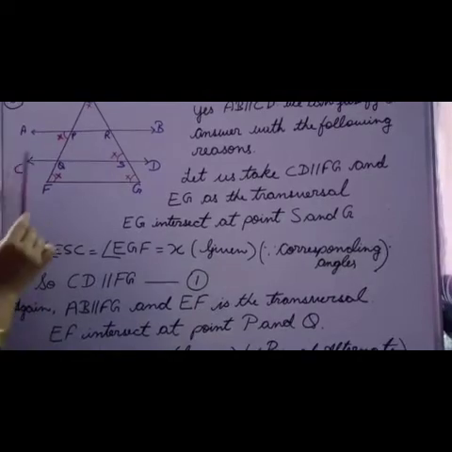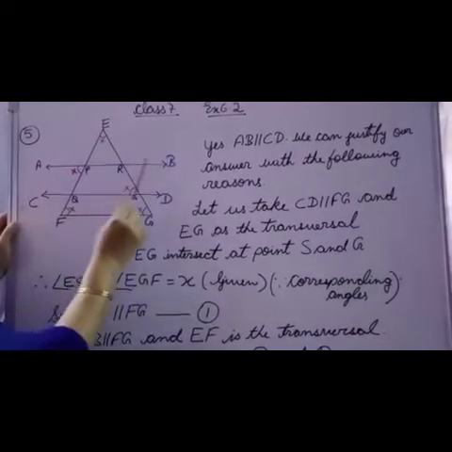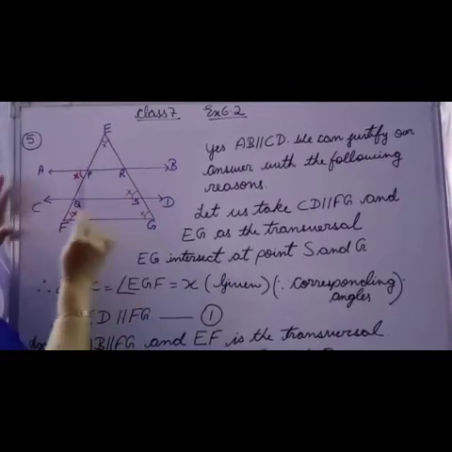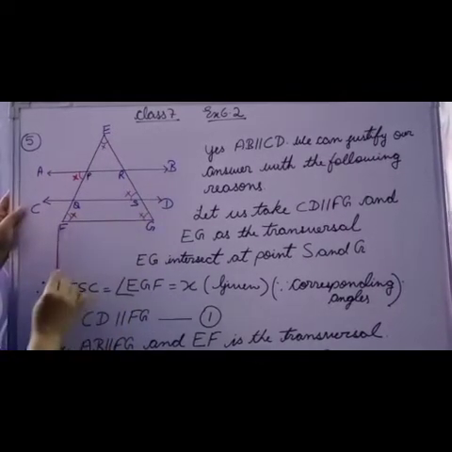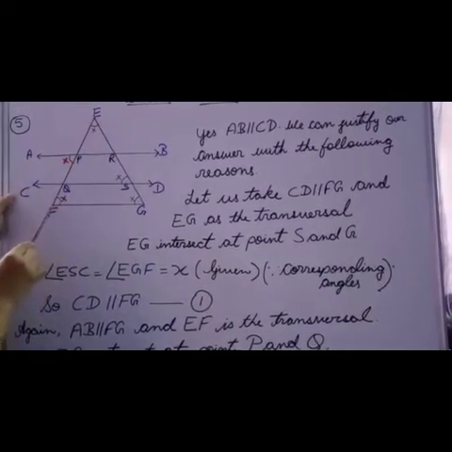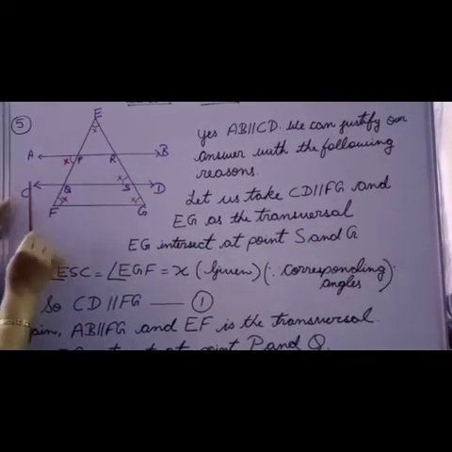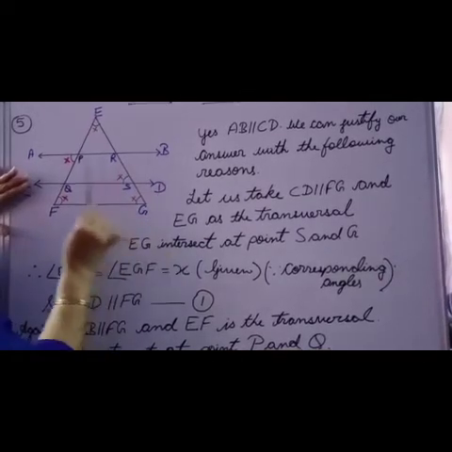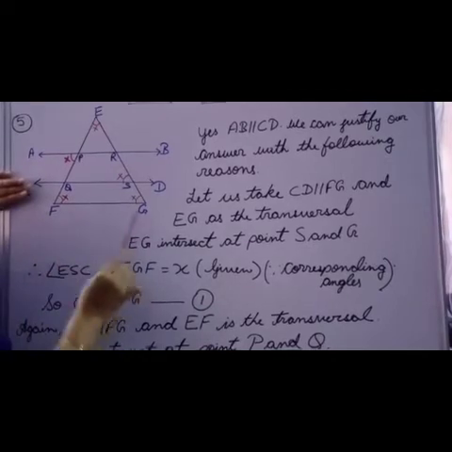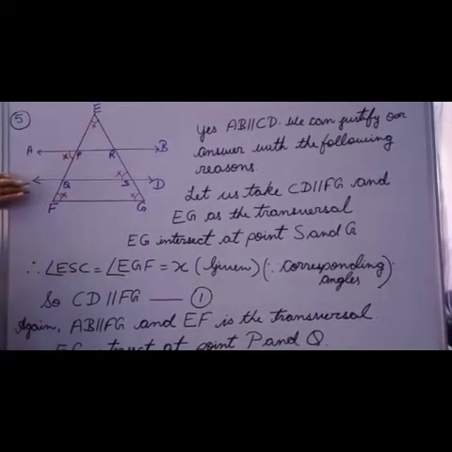Next again, let us take AB is parallel to FG. Now don't look at this CD, just look at AB is parallel to FG. And again EF is the transversal. Now don't look at this CD children, just pay attention here. AB is parallel to FG and EF is the transversal.